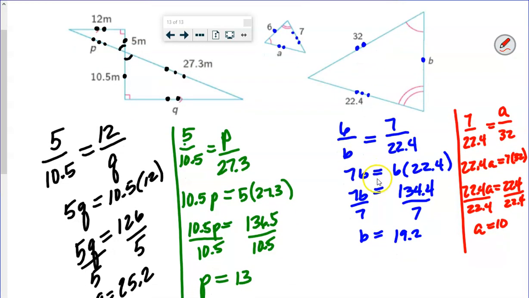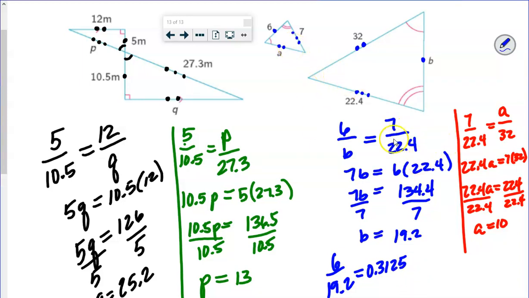So once again, we're going to compare sides. 1 dot to 1 dot. So that's 6 over 19.2. 6 divided by 19.2 is 0.3125, okay? So let's keep going.